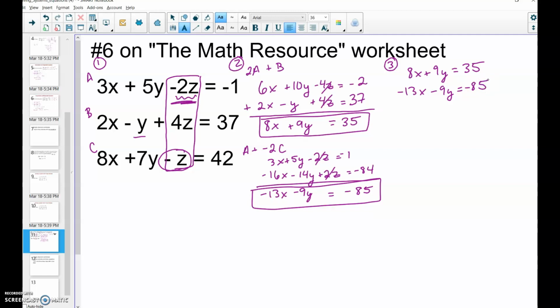Okay, the nice thing about this equation is I don't have to do anything with multiplying, because if I notice with my y, the numbers in front are opposite of each other, so I can just go ahead and add these together, and that'll cancel out.